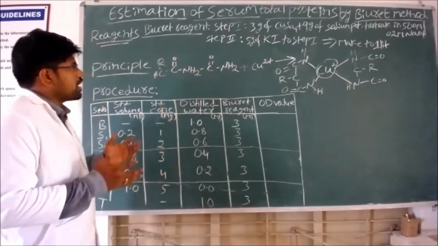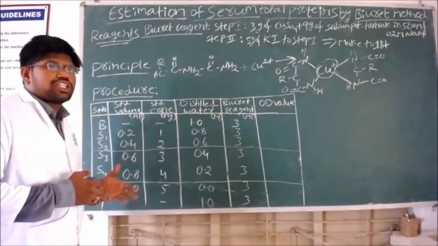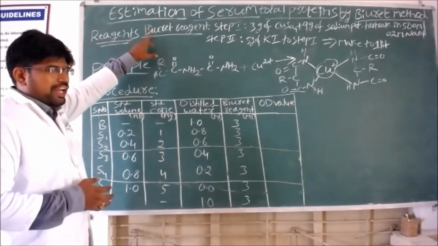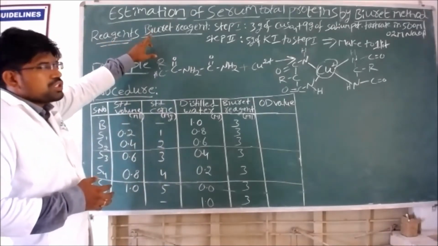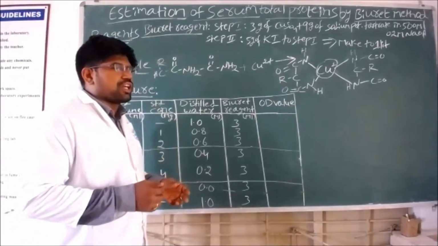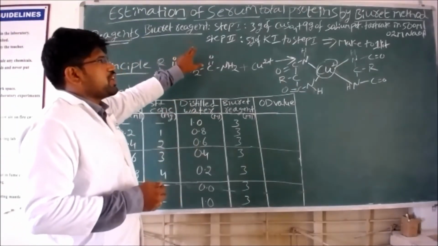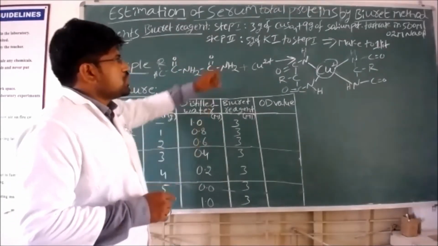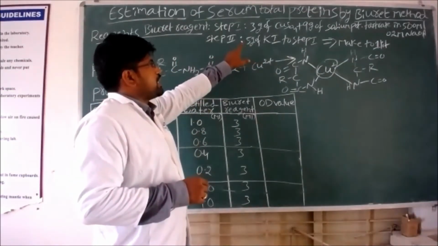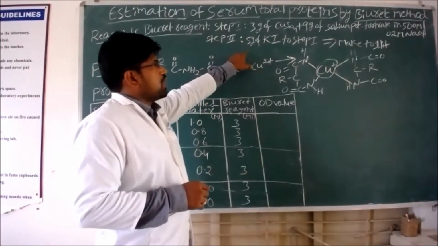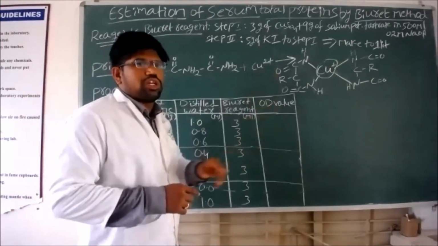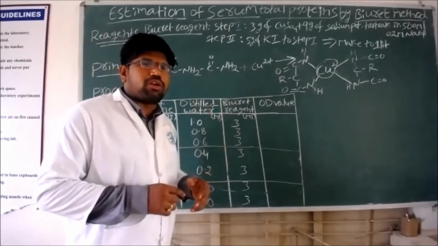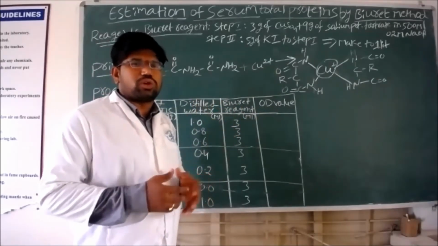So what are the requirements to proceed with the experiment? The very important requirement is our actual reagent, Biuret. How are we going to prepare the Biuret reagent? It is prepared in two steps. Step one: weigh 3 grams of copper sulfate powder, add 9 grams of sodium potassium tartrate, and dissolve these two in 500 ml of 0.2 molar NaOH solution.